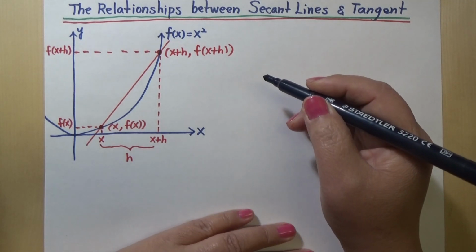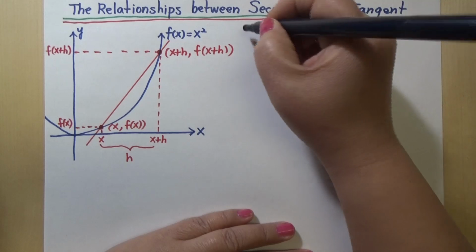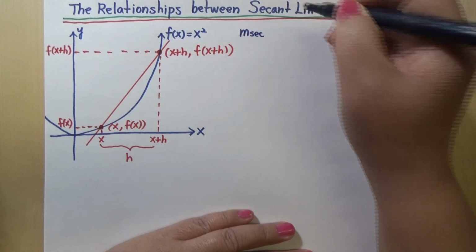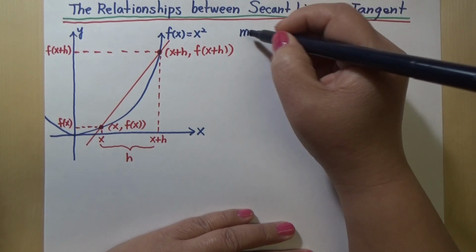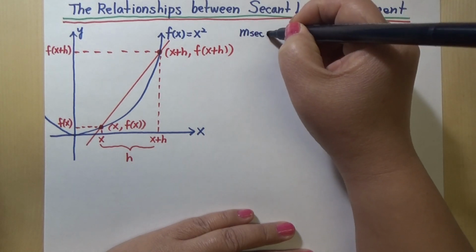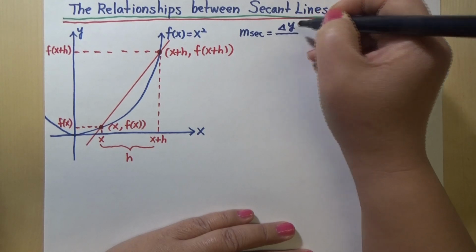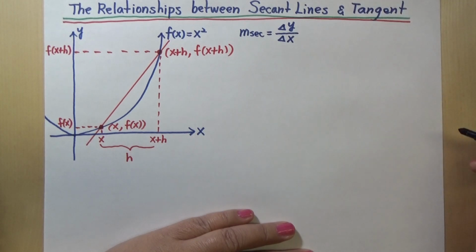And next, I'm going to show you the slope of a secant line. So slope of a secant line, m secant, m usually represents the slope, right? And then the slope of secant line is equal to change in y over change in x, okay?